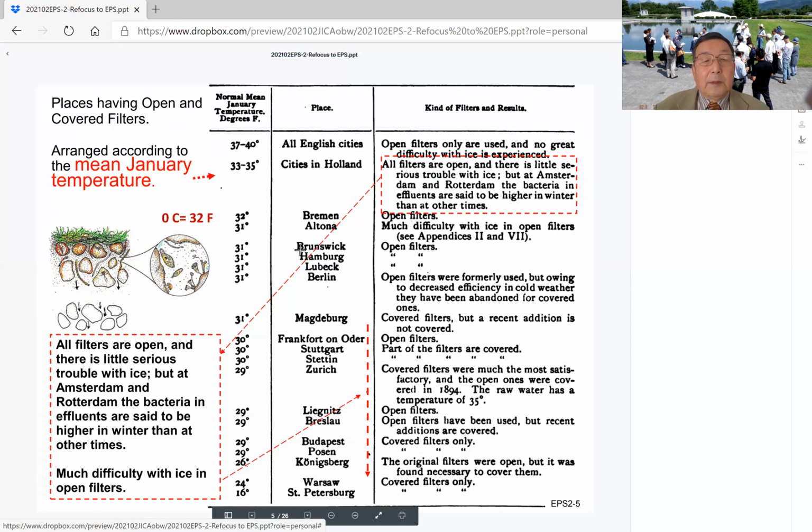He described that all filters are open and there is little serious problem with ice. But at Amsterdam and Rotterdam, the bacteria in effluent are said to be higher in winter than at other times, much decreased with ice in the open filter. So if the mean temperature is below 0 degrees, it is better to cover.